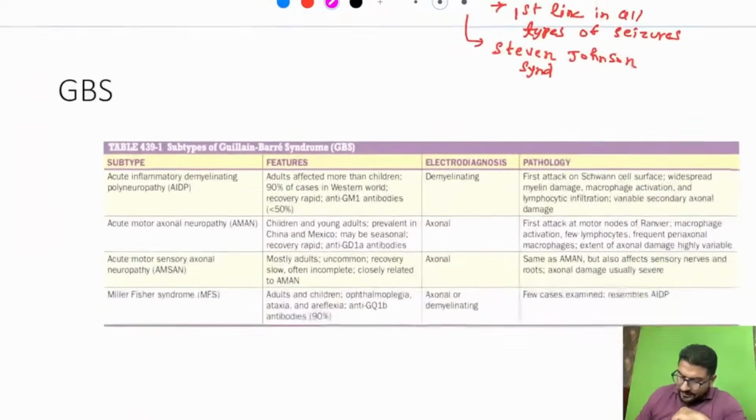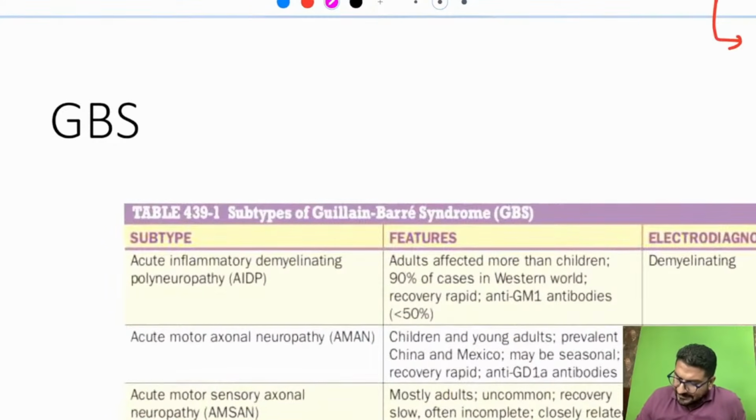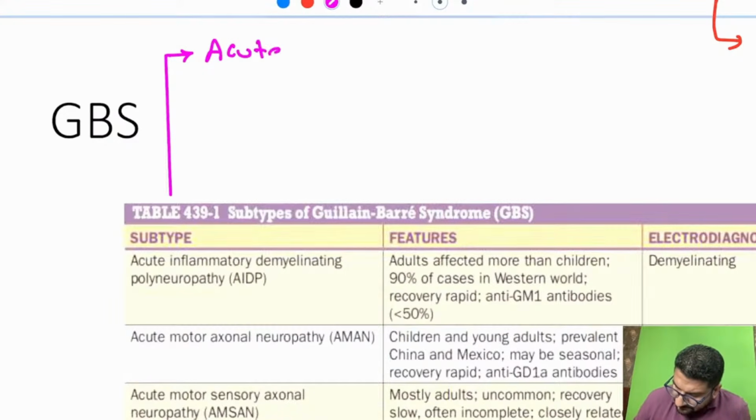Done. Okay, now let's talk about another disease called GBS. GBS means Guillain-Barré syndrome. अब इसको समझो थोड़ा सा. In GBS what they ask you, we have 2 forms. First is an acute form of disease, and we have a chronic form of disease. Generally the time duration is close to 8 weeks.